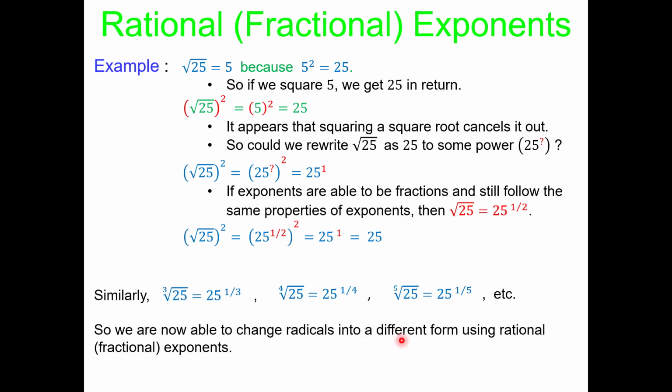And this is using rational exponents, so exponents that are fractions. So in general, we can go from radical form if we know what the index is, and we get nth root of x is the same thing as x to the 1/n power. So that index goes into the denominator for the fraction or the rational exponent.